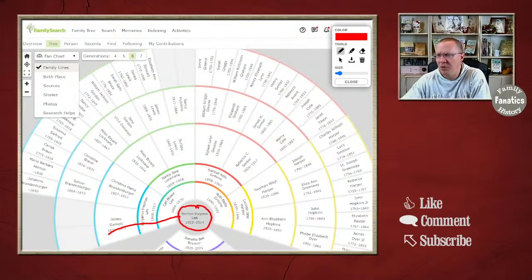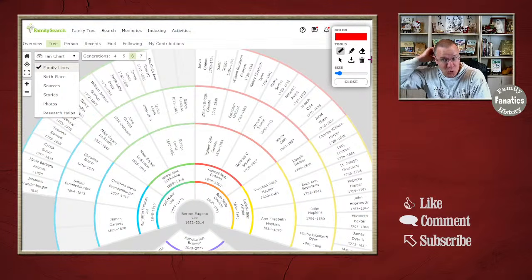There, that's probably a little bit bigger. You can see that there was a James Garnett, there's a Benjamin Freeman Lee. Turns out that Benjamin changed his name a while back. So this was one of the cases where we didn't know who this was. All of the living relatives that we knew were me, my cousins, my aunts and uncles. That's it. We didn't have DNA.